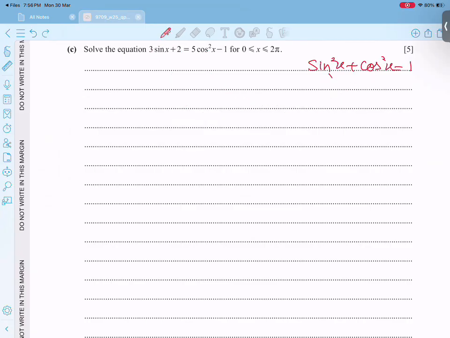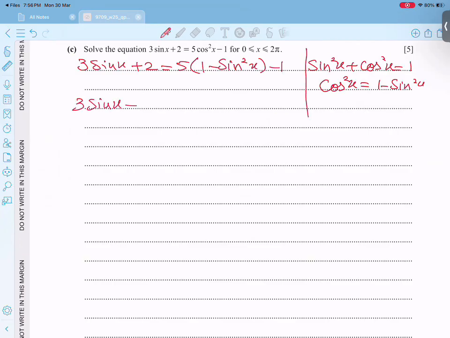So if I bring sine square to the other side, I can say cos square x is equal to 1 minus sine square x. This I'm going to replace here. So I'm writing 3 sine x plus 2 equal to 5 times 2, 1 minus sine square x minus 1. I think the idea is clear.